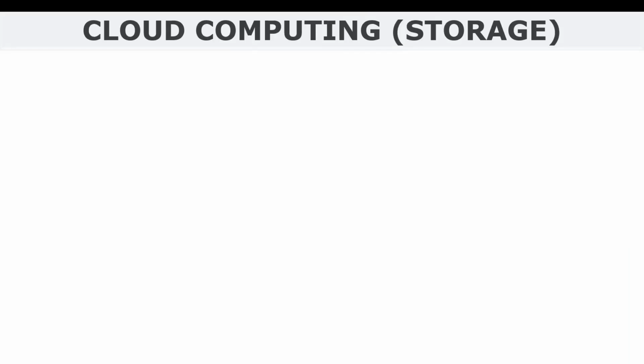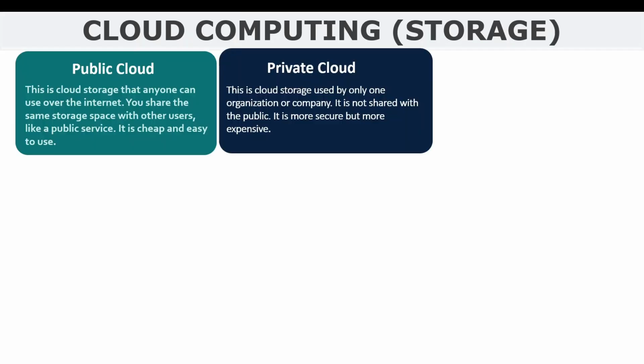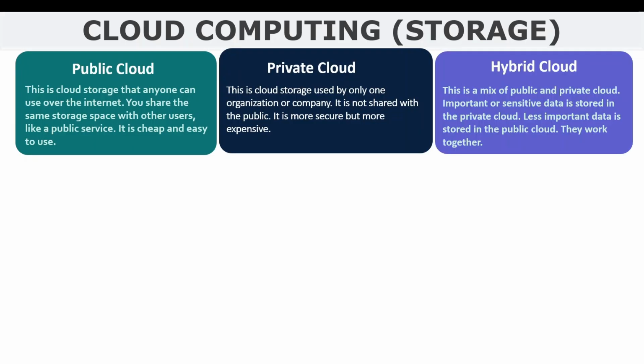Next, cloud computing storage. The three main types of cloud computing storage are the public cloud, the private, and the hybrid. As the name suggests, the public is open to anyone over the internet. So you can share the same storage space with others, and it's quite cheap and easy to use.